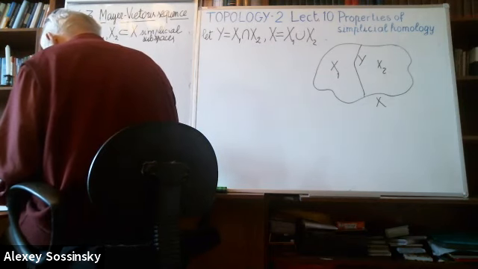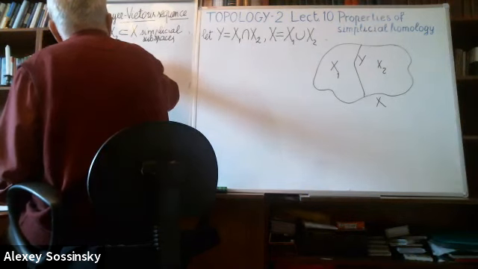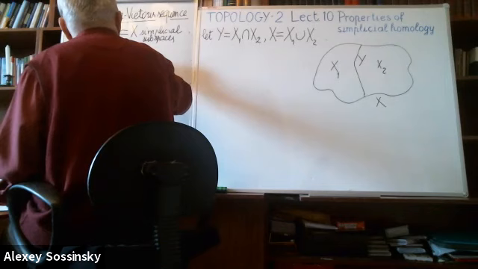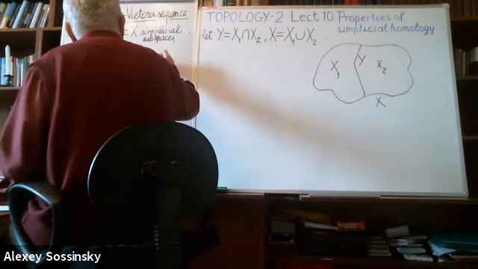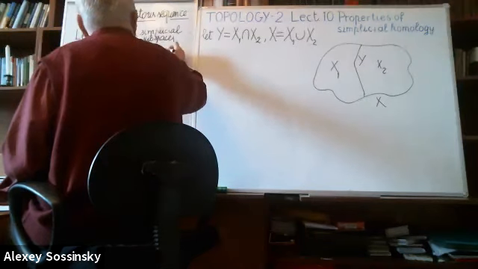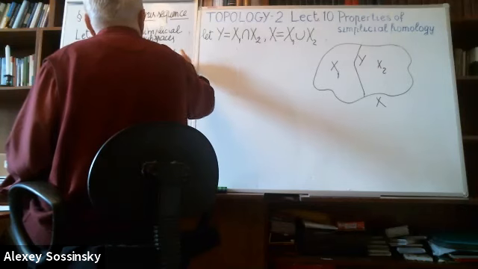Then we have a clever map of that into H_n(X1) plus H_n(X2).